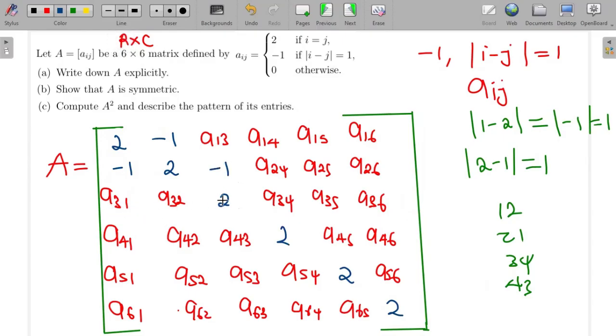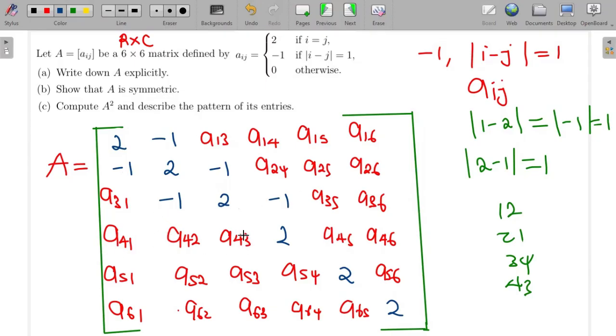In this row, 3 and 1 do not follow each other, but 3 and 2 do, so I erase and add a -1. Any other numbers following each other? This one here, 3 and 4, I'll put a -1. I'm done with the third row.